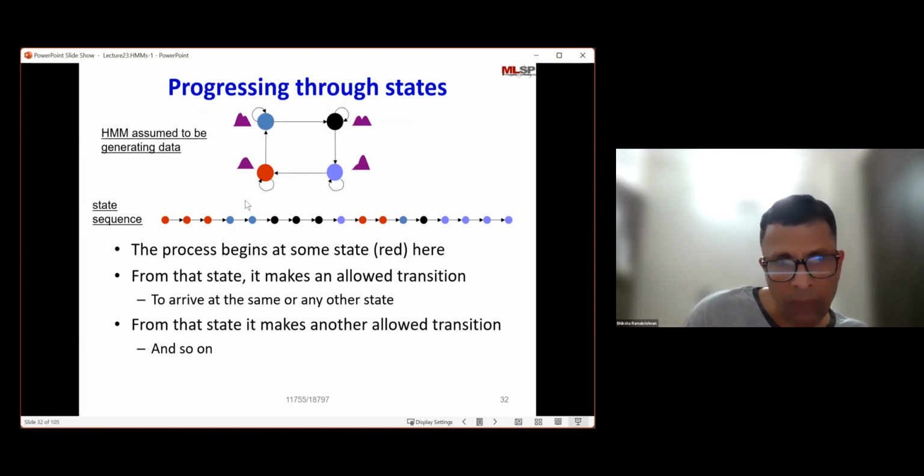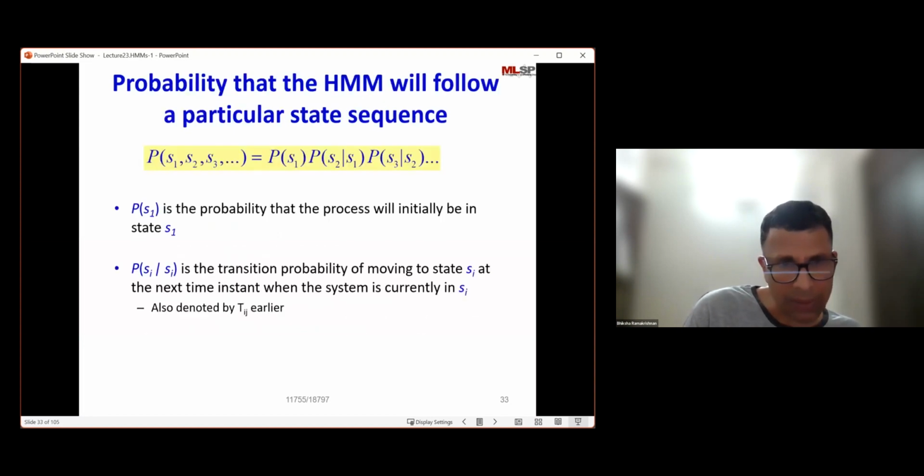If I look at the underlying Markov chain itself, that is the actual generating process. It begins at some state here, red in this example. And then from there, it makes an allowed transition and yet another allowed transition and so on, and keeps making all of the allowed transitions to proceed through a sequence of states.